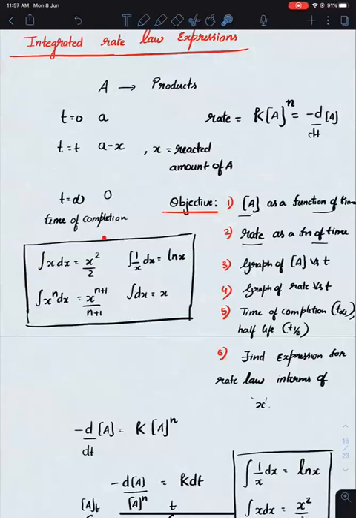Integral x dx is x square upon 2. You will have an integration constant too. If you are substituting the limits, there is no need for integration constant. Integral 1 by x dx is ln x. Integral x^n dx is x^(n+1) upon n+1. Integral dx is x. Okay, ठीक है.